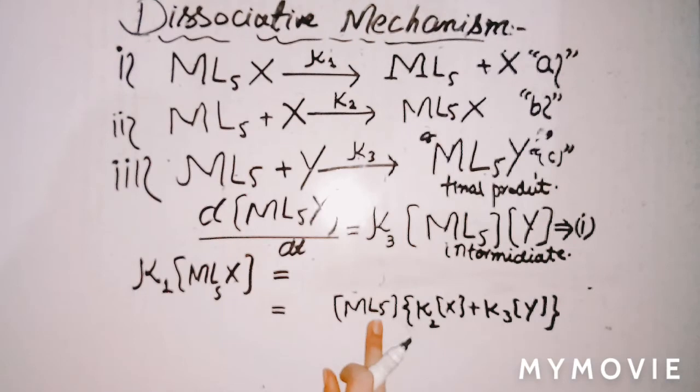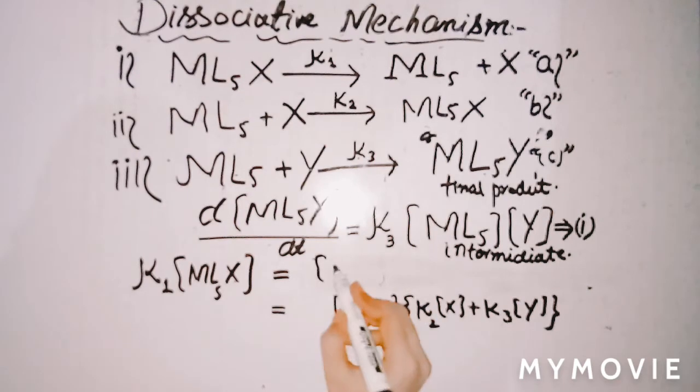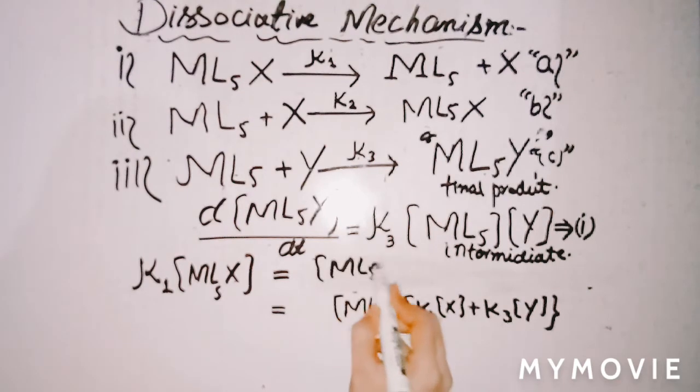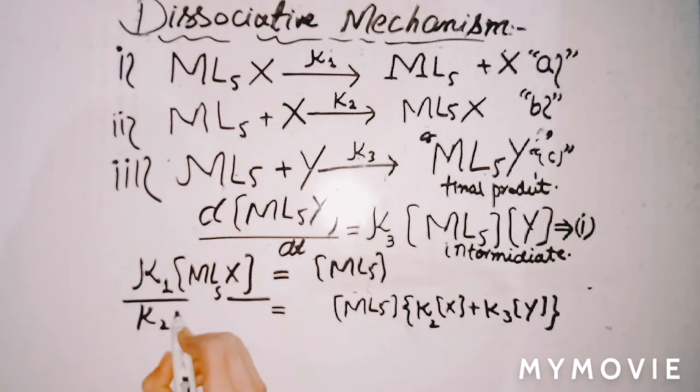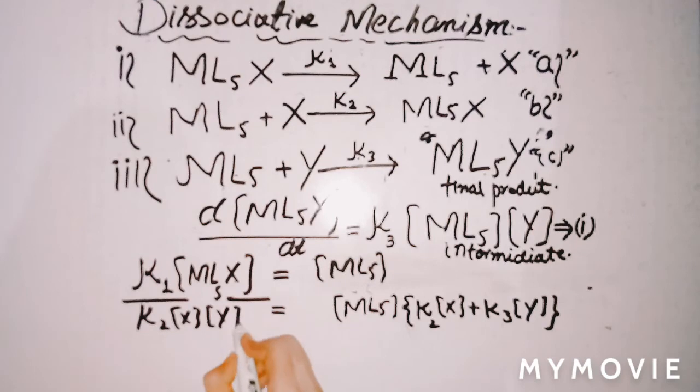So the concentration of ML5 will be equal to K1 ML5X over K2 X plus K3 concentration of Y.